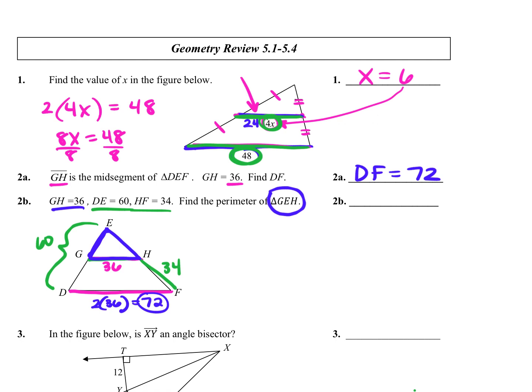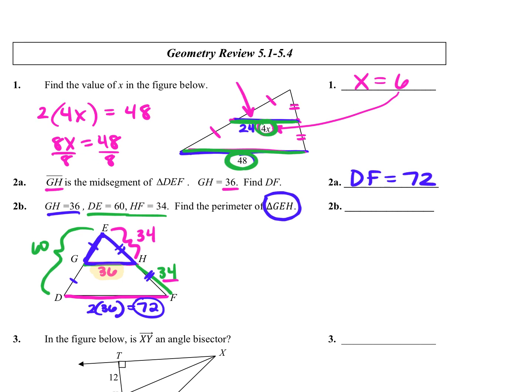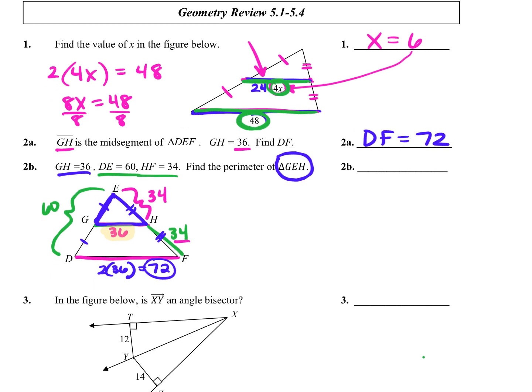So right now, we have 36 is one of those pieces. And if GH is truly a mid-segment, then these pieces are congruent and these pieces are congruent. So that means EH, this piece, should be the same as HF, so that's going to be 34. And then if the whole thing over here is 60 and it's equal parts, then this has to be 30 and 30.